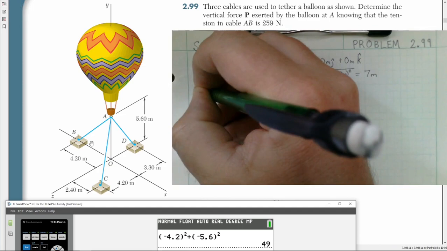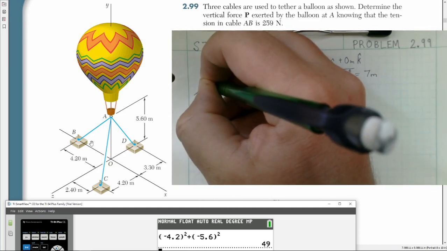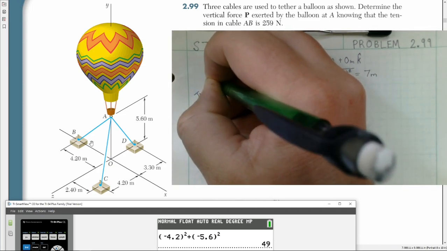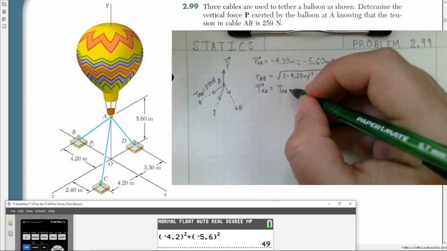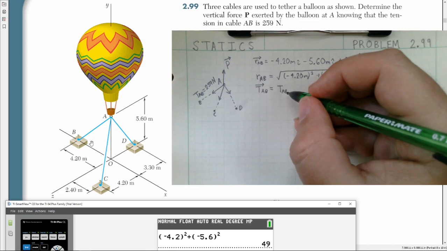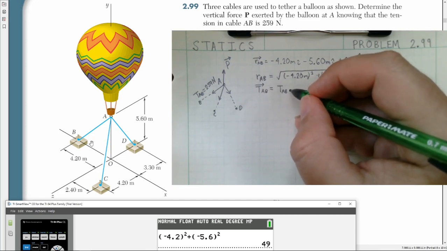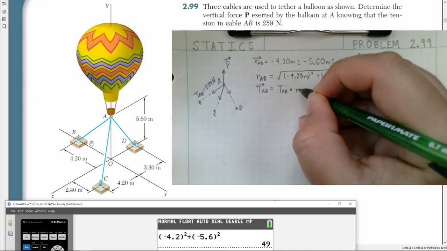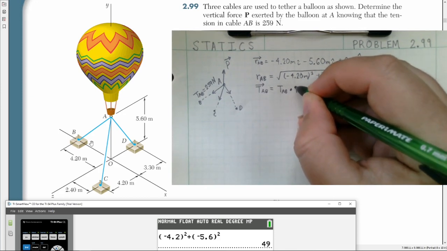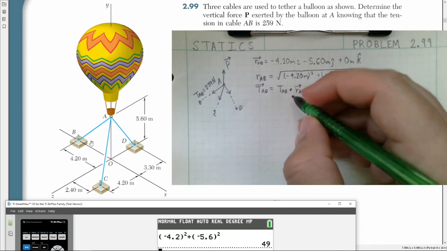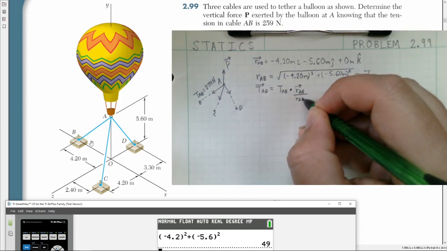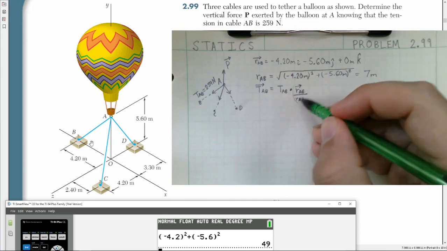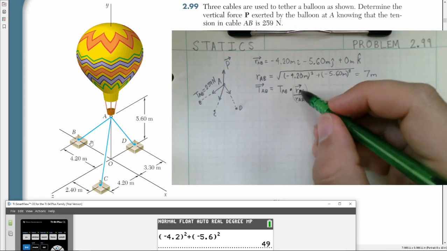So we have our tension as being 259 newtons from point A to point B. Then in our equation, we multiply this by the position vector, r_AB, and then divide by the magnitude of that position vector. This is, as you recall, our unit vector from A to B.